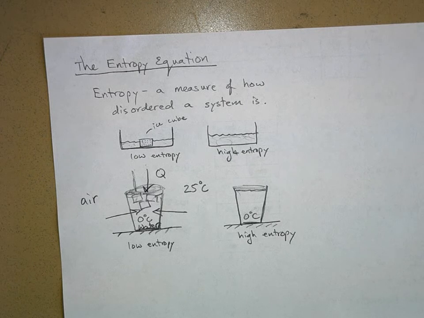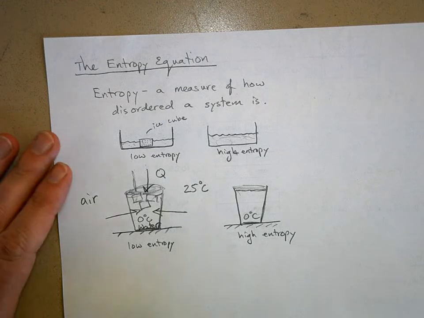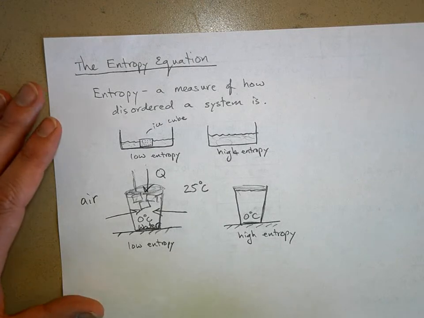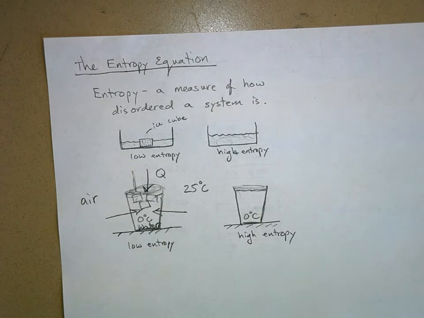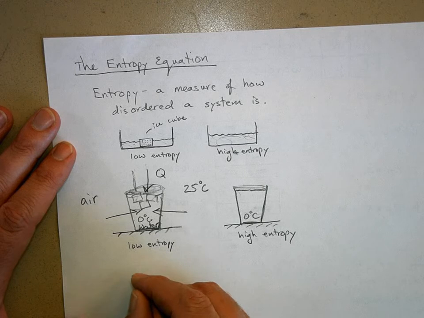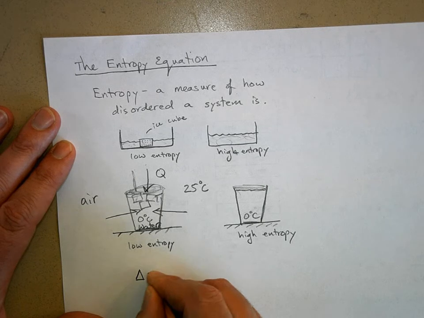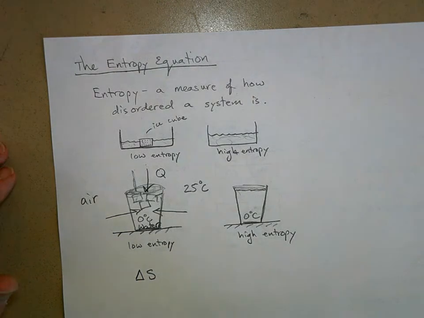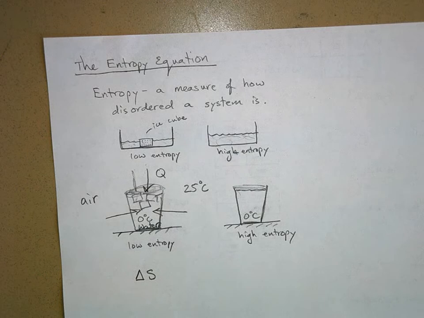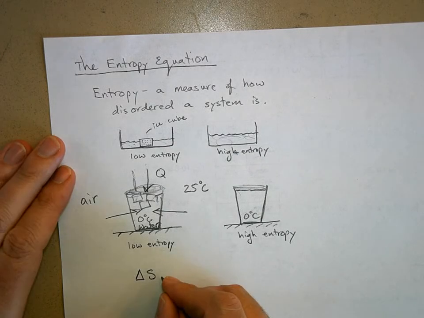Well, we have a way of measuring entropy here. And this is what you need to know for the final and the state standards. We have a variable name for entropy, and we're going to call it delta S. What does delta S mean?